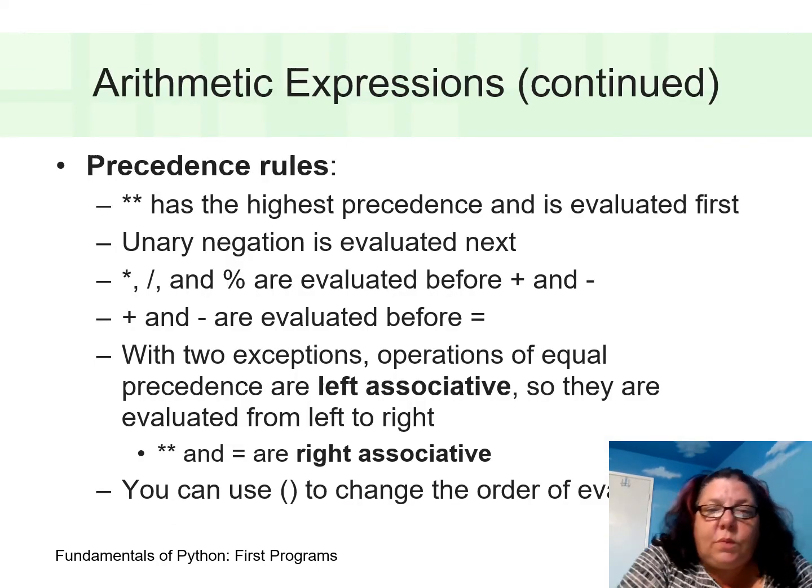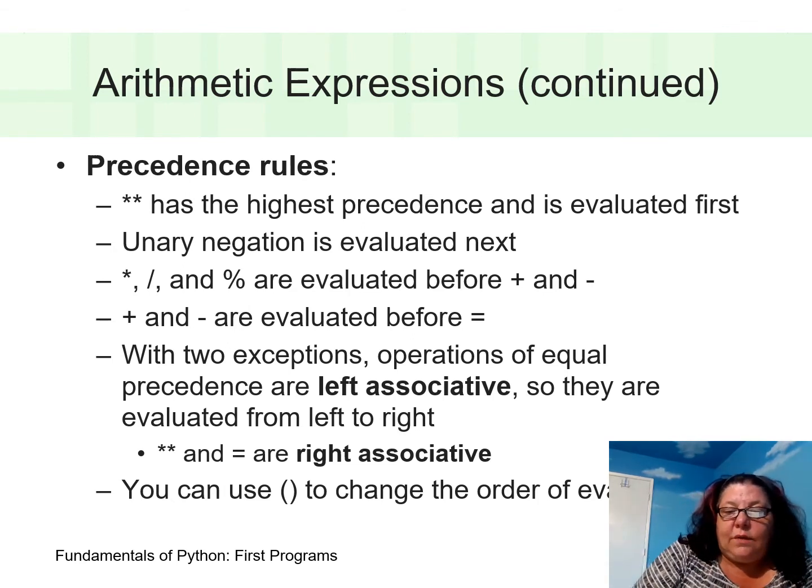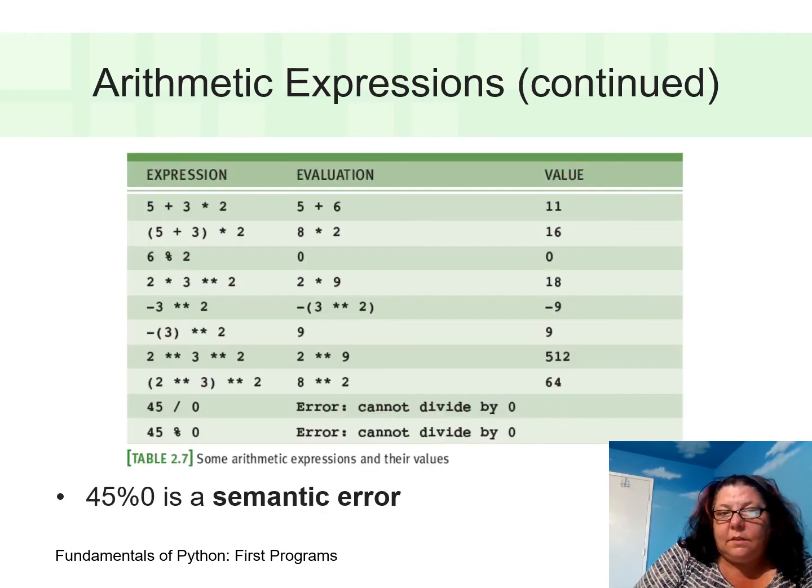The precedence rules of arithmetic expressions within Python show that the highest precedence is evaluated first. First is negation, then division, multiplication, and modulus, then addition and subtraction, and then it's associated with whatever's on the left side. You can change this order of evaluation by using parentheses.